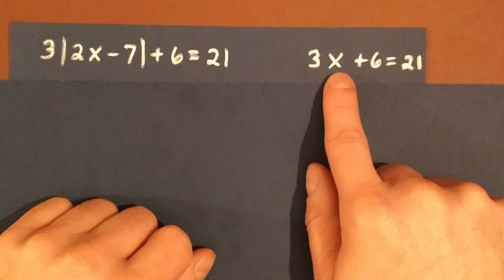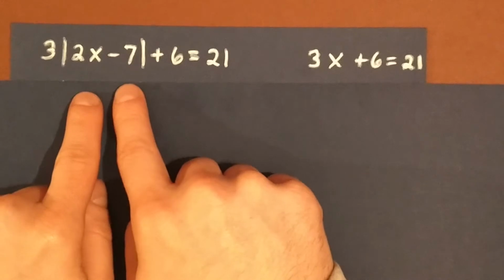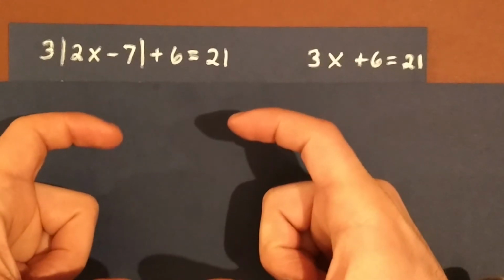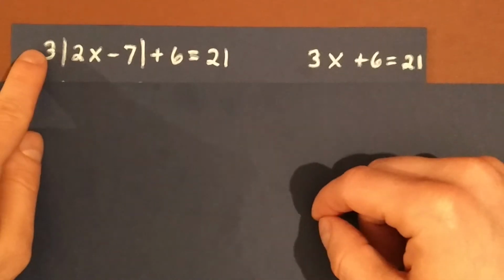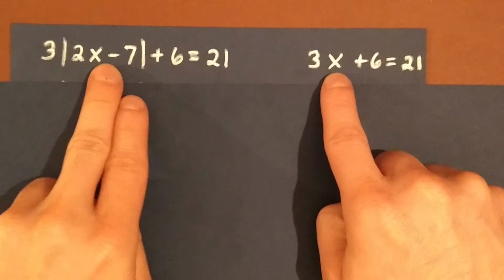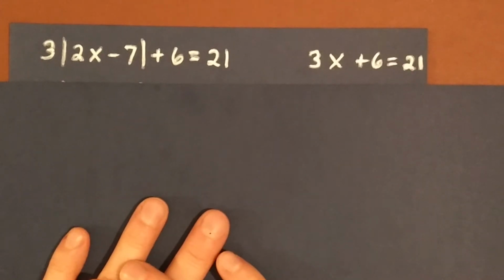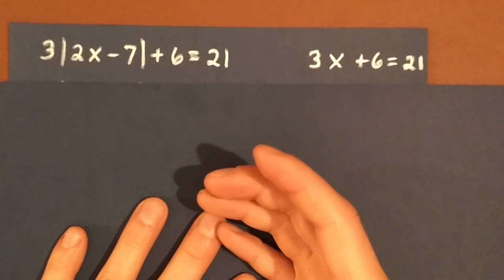And here the x is the variable. And in this equation on the left, instead of simply x, we have a more complicated expression. But it's the same structure. It's 3 times something plus 6 equals 21. So we think of this absolute value expression like a variable that we have to isolate.